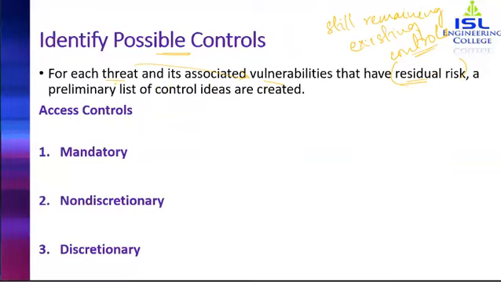So when you identify the different threats and vulnerabilities that are associated with that, you're going to get the residual risk. When you get to know this residual risk, you're going to make a preliminary list of controls. That is, you're going to make some specific controls that you're going to assign to each and every person within your organization. Now, these access controls are of three types: mandatory access controls, non-discretionary access controls, and discretionary access controls.